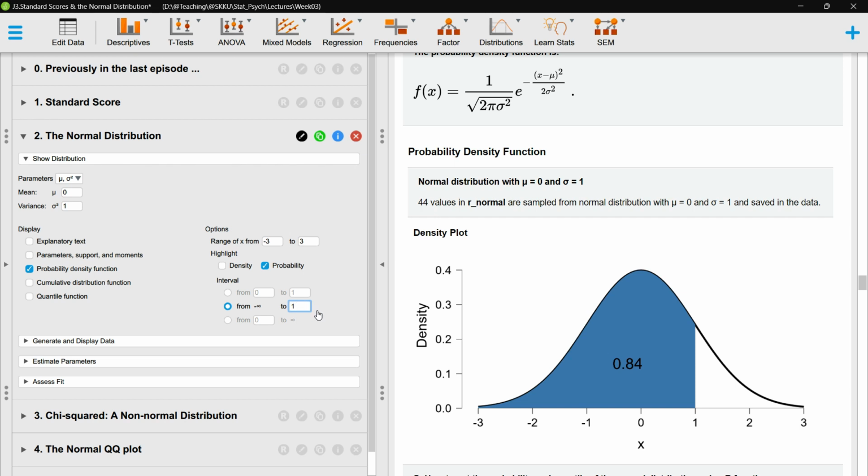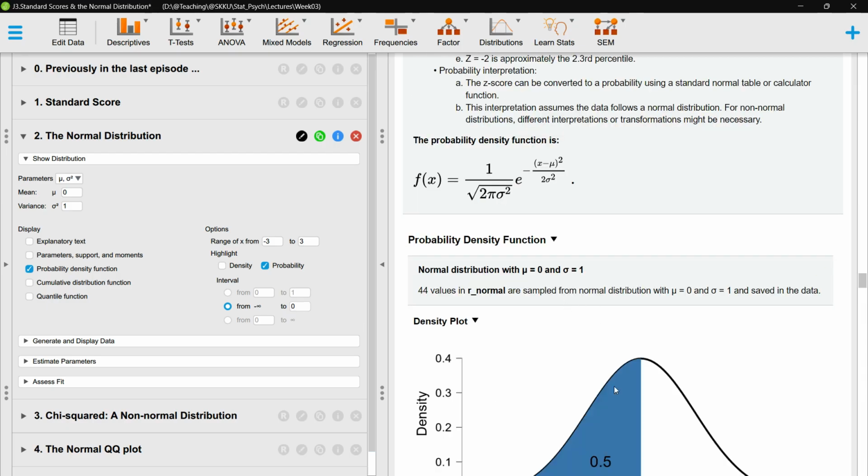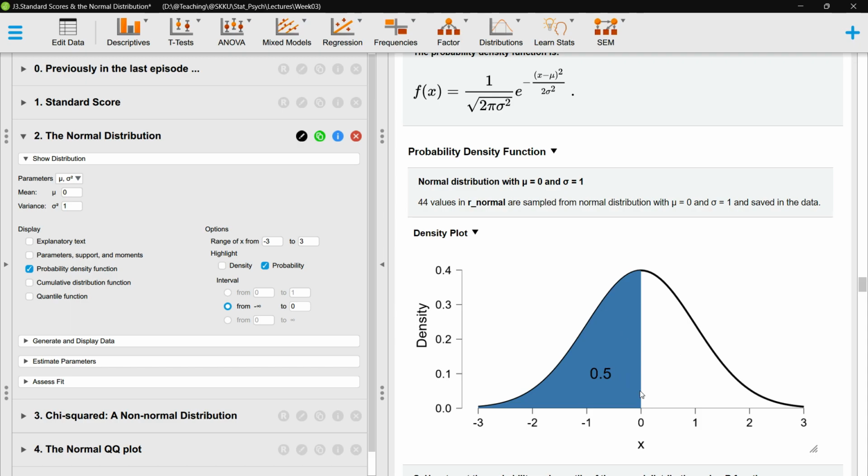If we change this number to 0, it will give us 0.5 instead of 0.84, right? So the area under the curve, or the cumulative probability, is determined by this interval, the location. If we put some number, it will give us a certain cumulative probability, or the area under the curve.